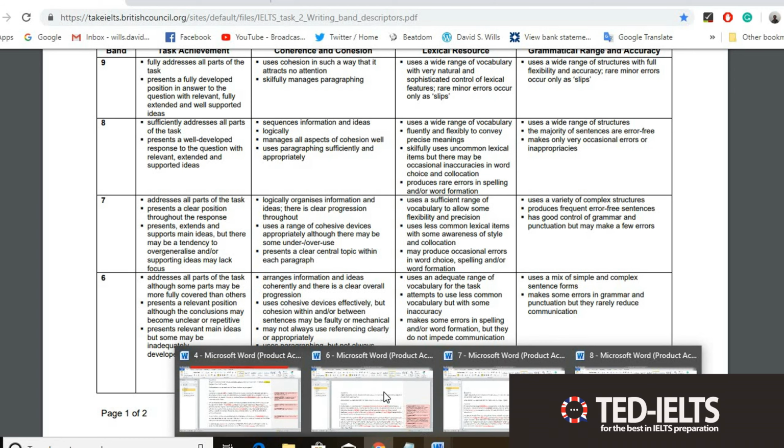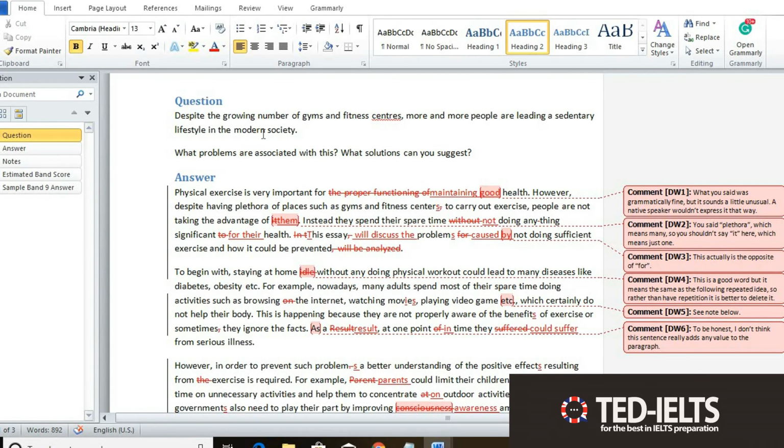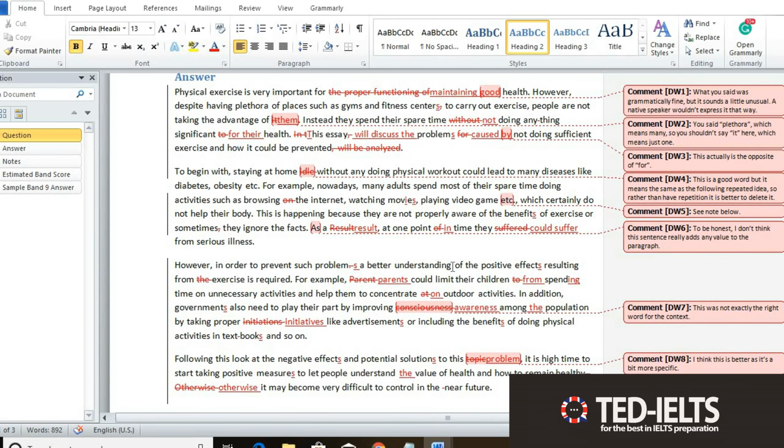So let's look at a band 6 essay here. As you can see, the question is the same. It's about the sedentary lifestyle despite the growing number of gyms and so on. If we look at this essay, we can actually see there are more problems with it than there were in the other essay. There's far more red in this one.